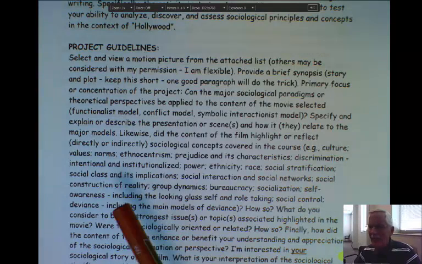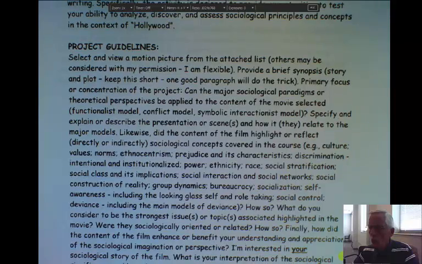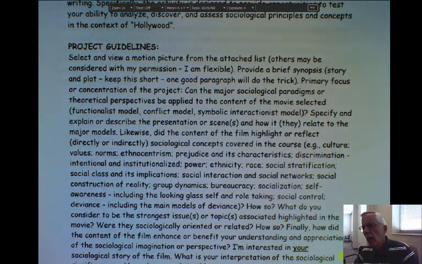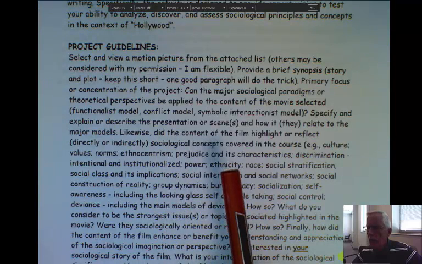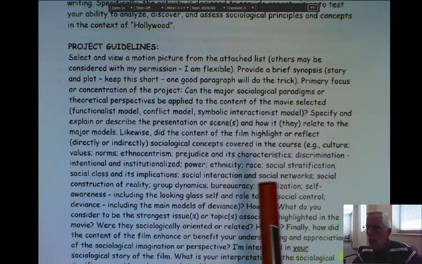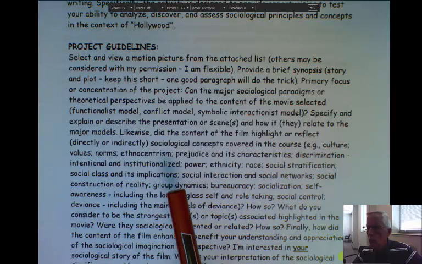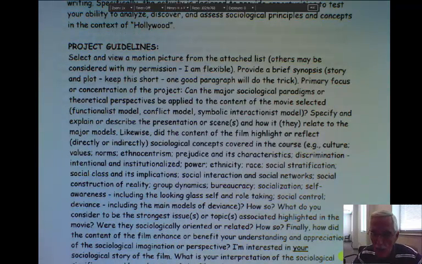Were there any key concepts that we've discussed that you saw highlighted in the film? If so, how? Like ethnocentrism, like power, like ethnicity, like social interaction and social networks, group dynamics, bureaucratic structures, self-awareness, and the like. This is up to you. There's no right way to do this.